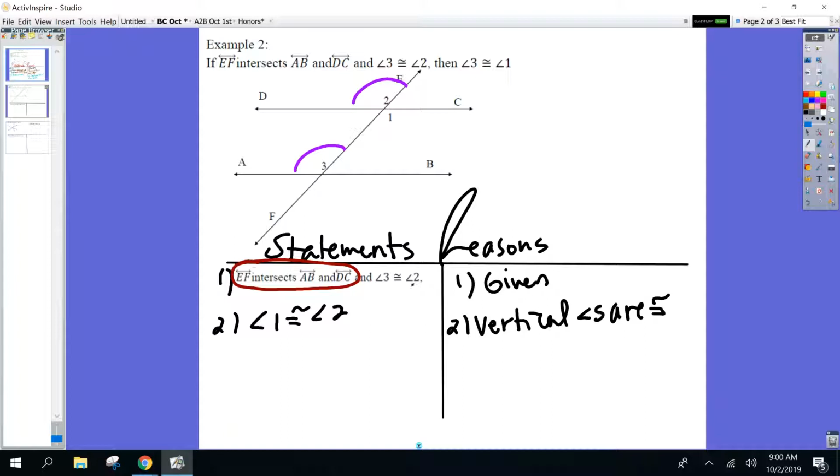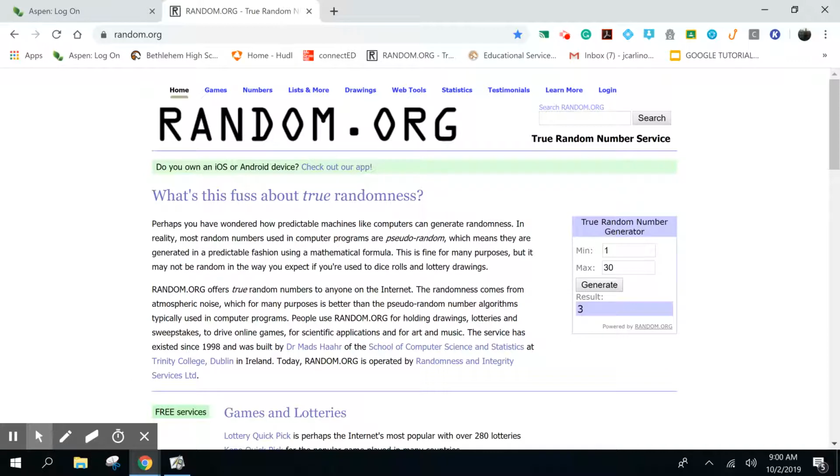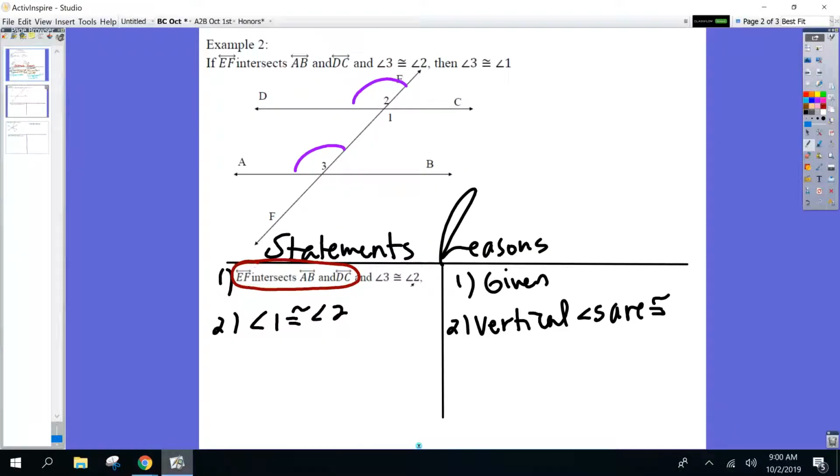Look at what you just wrote down. Is there anything you can conclude from any of those? You wrote down 3 is congruent to 2, and now you just wrote down 1's congruent to 2. We got a little something here. 3 again, on fire today. Anything? 3?